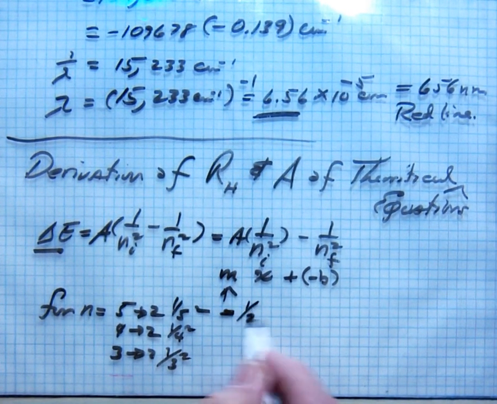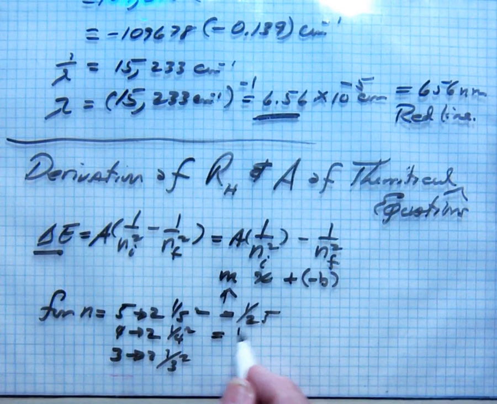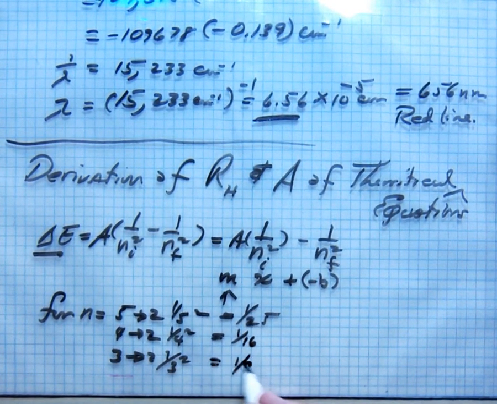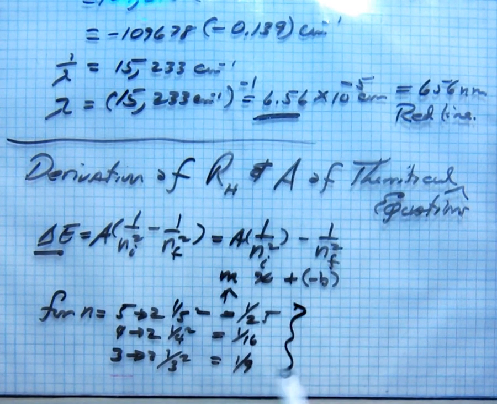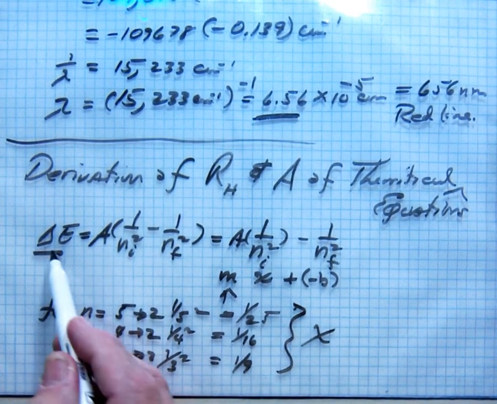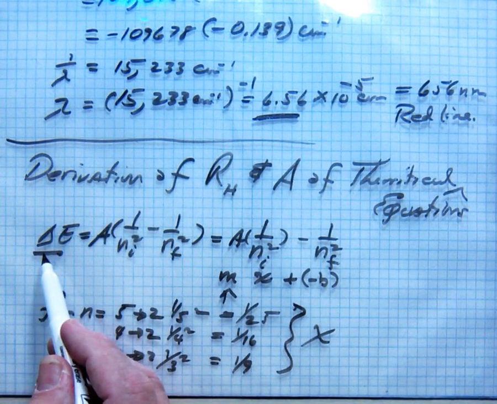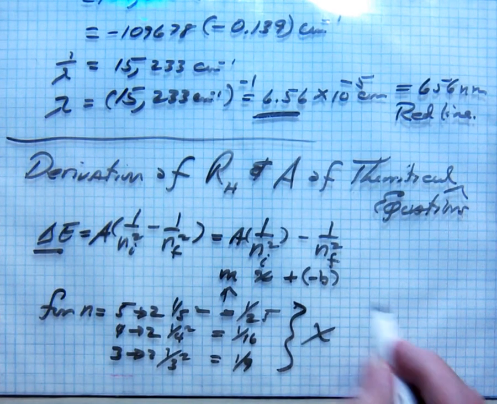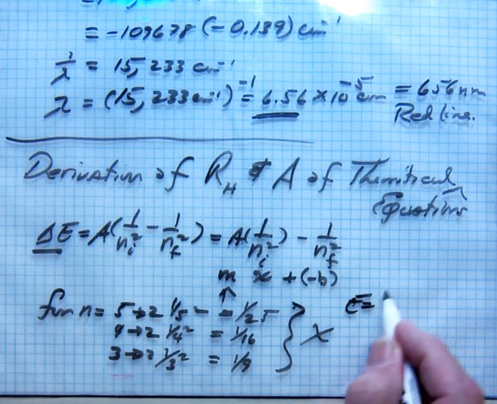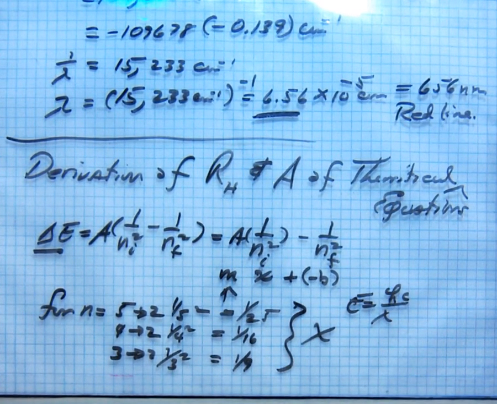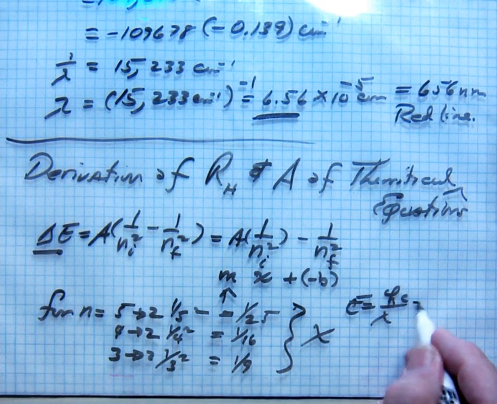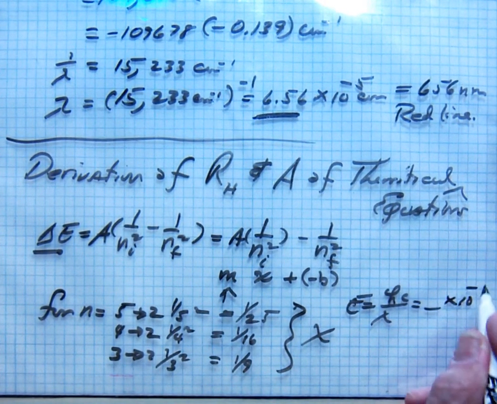That's 1 over 25, 1 over 16, and 1 over 9. So you have your x values. Well, you calculate the E values based on the wavelengths. The E values are hc over lambda for each one, in quantities of 10 to the minus 19. Something times 10 to the minus 19.